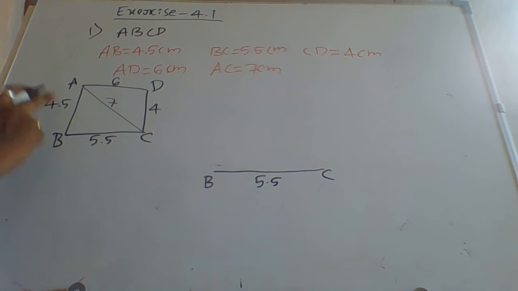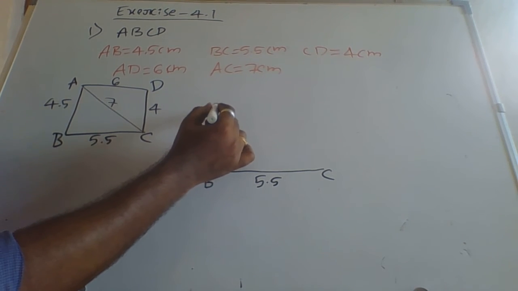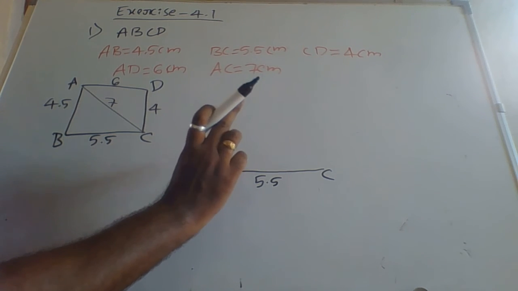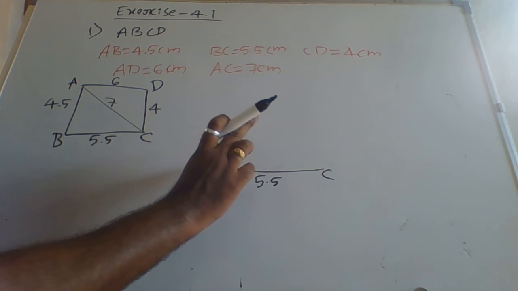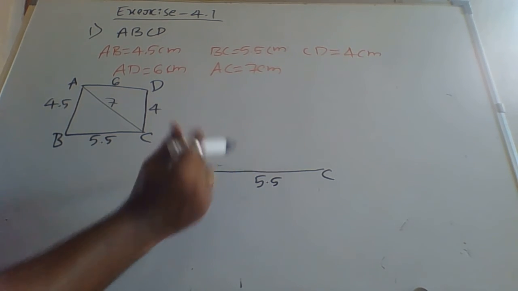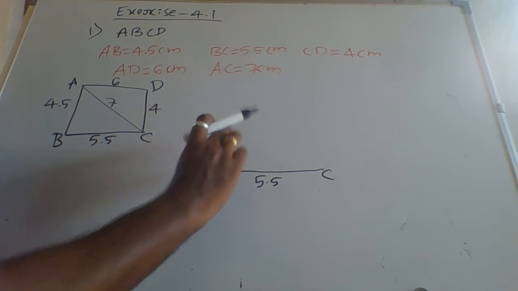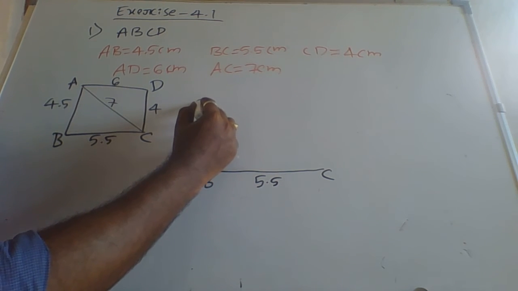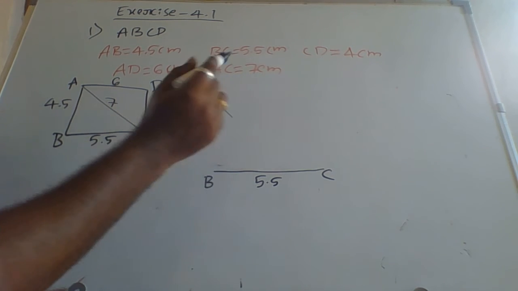From point B, A is 4.5 centimeters. Now consider a length of 4.5 centimeters in your compass and draw an arc like this by placing the needle of the compass on point B. So here you will get an arc at a distance of 4.5 centimeters.